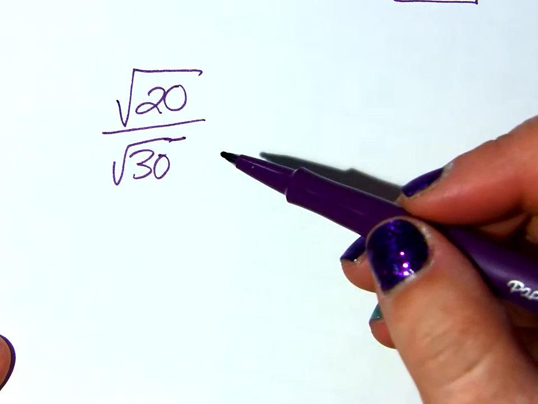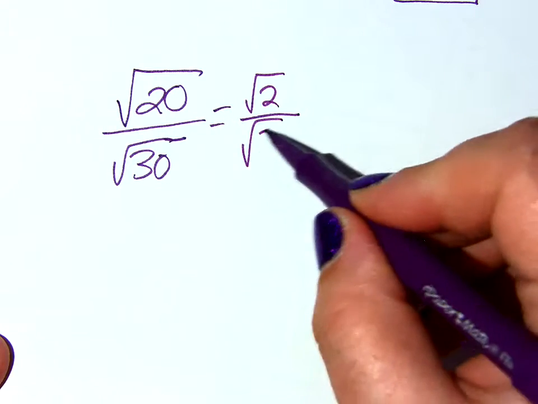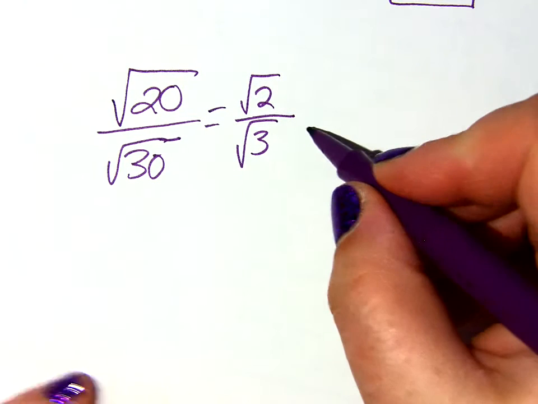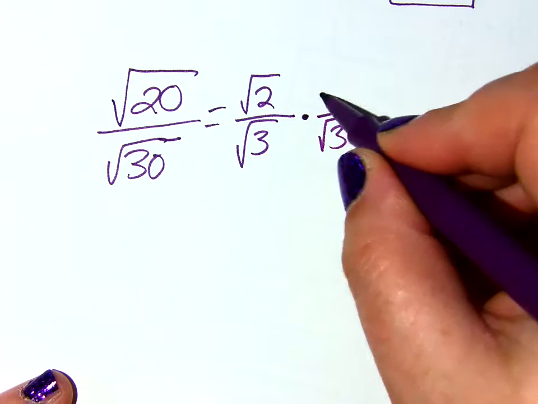So what's 20 over 30 really? Yeah, so I really get the square root of 2 over the square root of 3. Now, too bad for me, this still leaves a square root in the denominator. So now I need to fix it. So how did we just learn we were going to fix this? Multiply by the square root of 3 over the square root of 3.